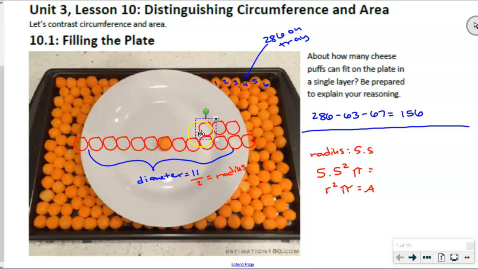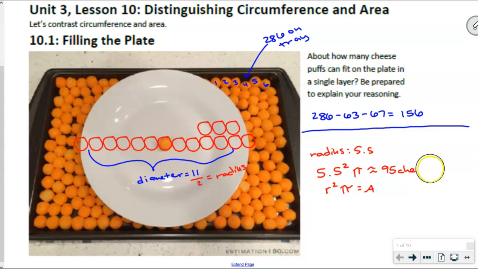That's what that area is filling this entire surface. So r squared times pi, I end up with 95.03. So we're going to just round that because we're going to go with whole uncrushed cheese balls. So about 95 cheese balls.